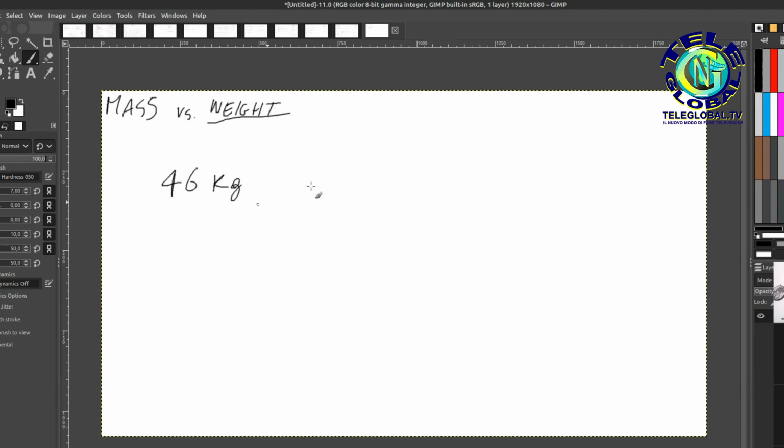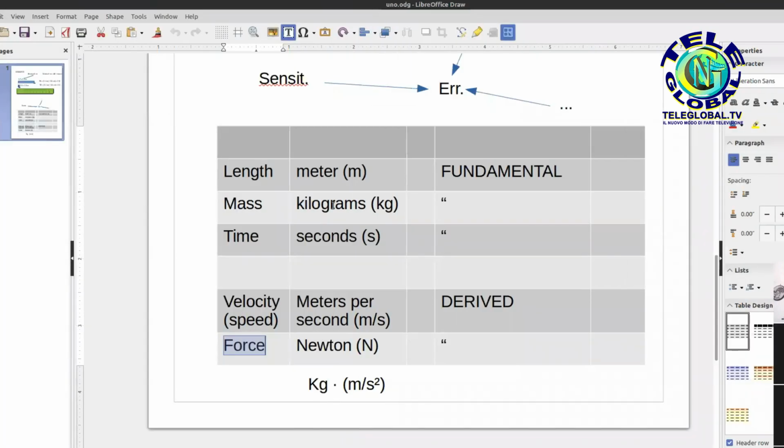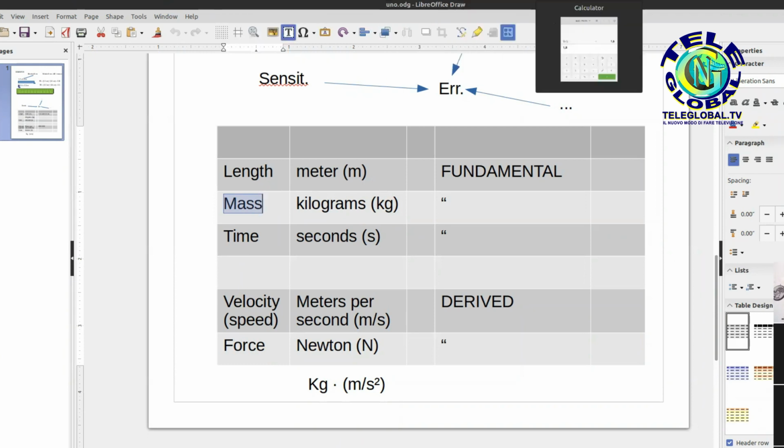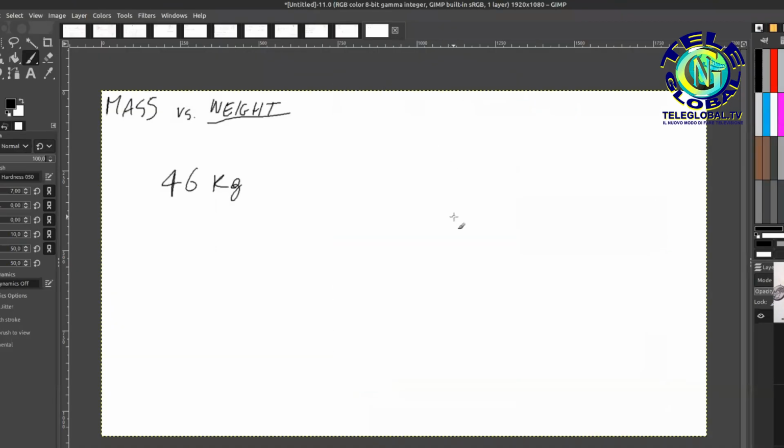But if you remember from yesterday, I told you that kilograms are the unit of mass. So while in common language we use mass and weight as the same thing, in physics they are completely different.